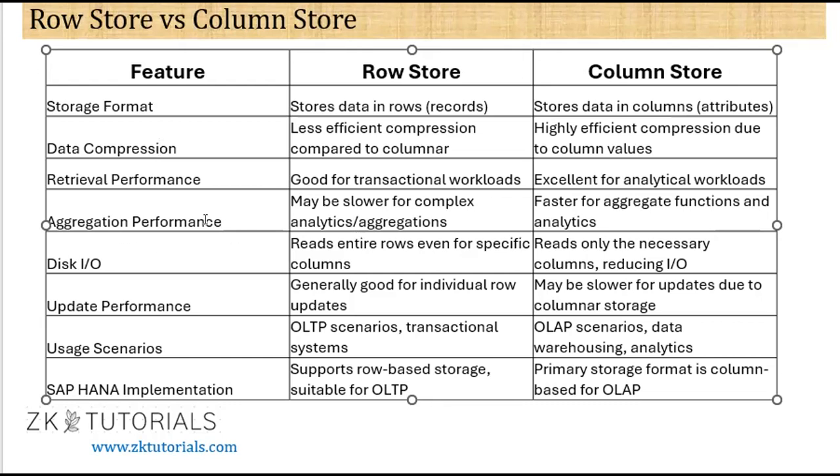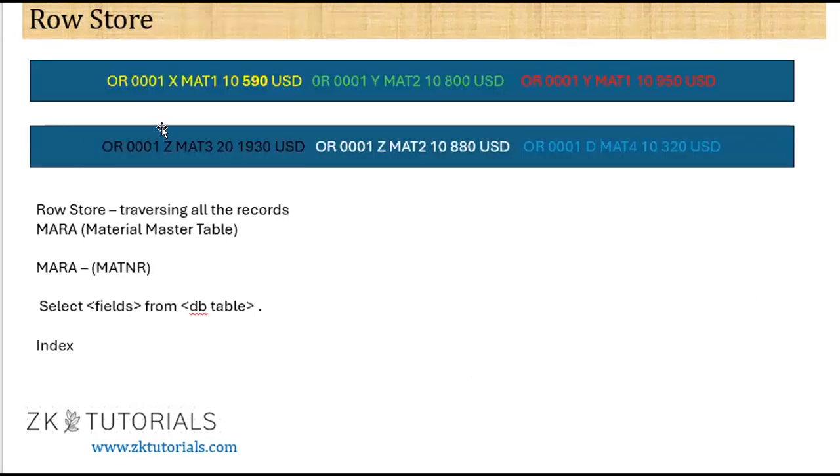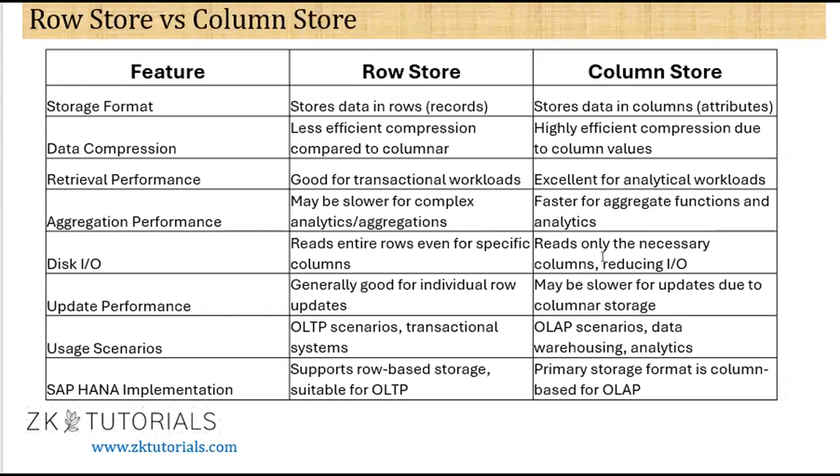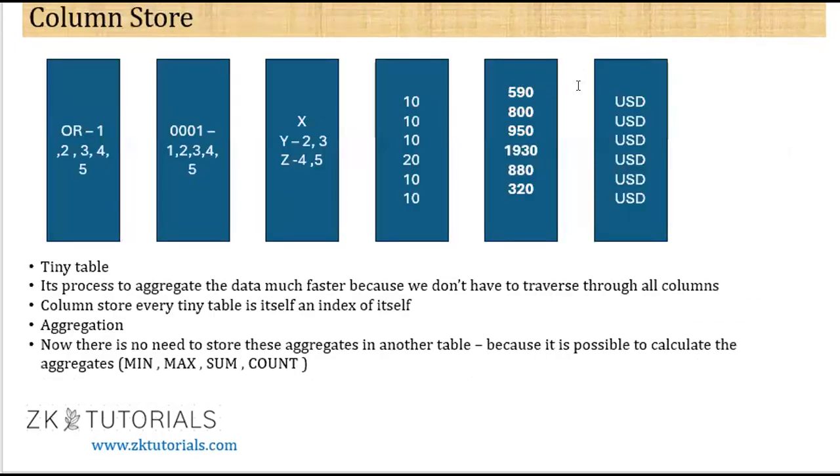What are these? Minimum, maximum, sum, all those. Then input output: row store reads entire rows even for specific columns. For example, if I want to know about this sales column, it has to traverse all those records. But column store reads only the necessary columns, reducing input output. So if I want to read this record, it will not go to every table, it will directly go here.